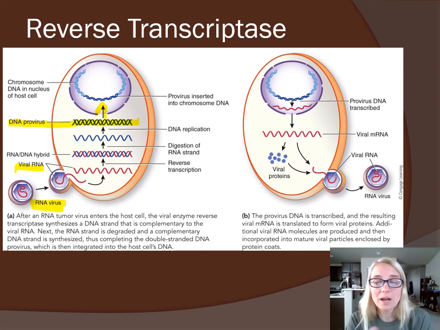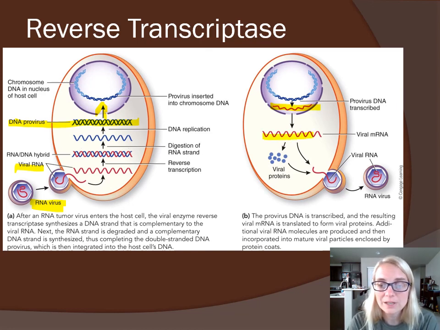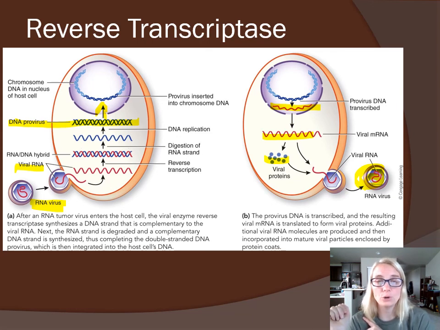So then let's say some time goes by and it just kind of hangs out in your chromosome, but then for whatever reason, it's going to follow the rules of our central dogma. It will get transcribed into viral mRNA. It will get translated into viral proteins, and it will start budding off new viruses because of the genetic code that's stored in your chromosomes.